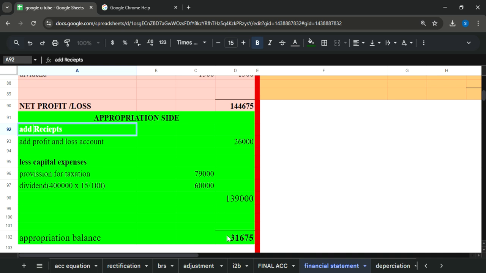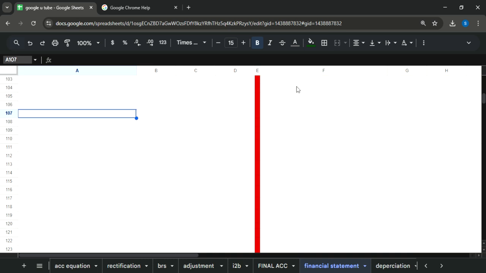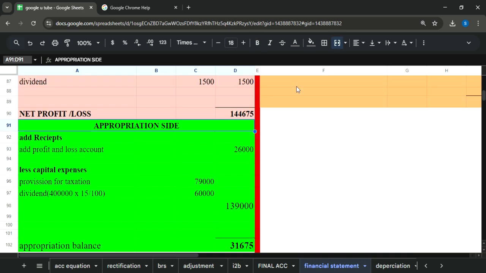We have added this previous year profit and loss account into net profit and subtracted all capital expenses, and we have got appropriation balance 31675. Let's see if it is given in the book. And yes, we have been provided the answer, appropriation 31675, and let's see what our answer is, and it is 31675.